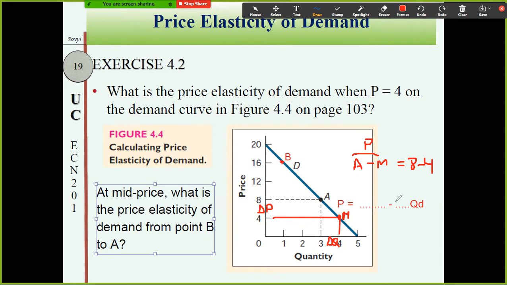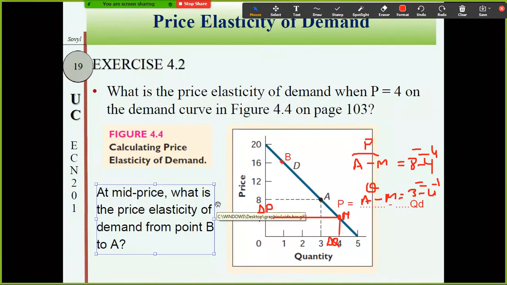And the other one, talking about Q, A minus M: A is 3 minus M is 4. That's why this is 4, and this is minus 1.